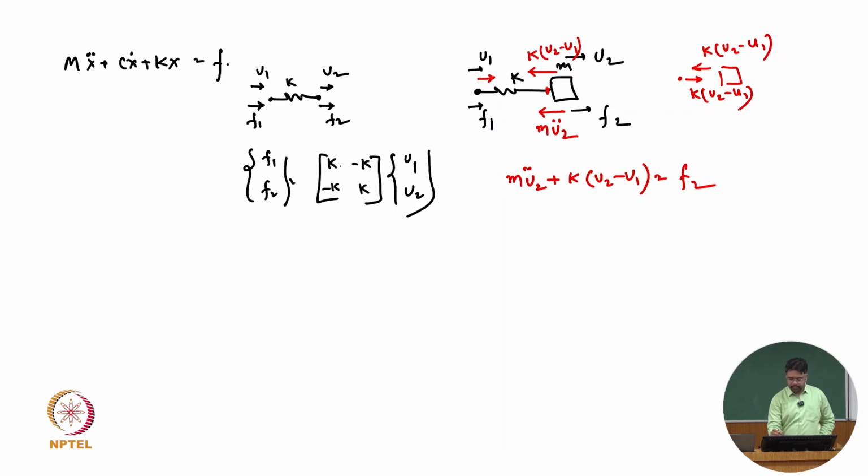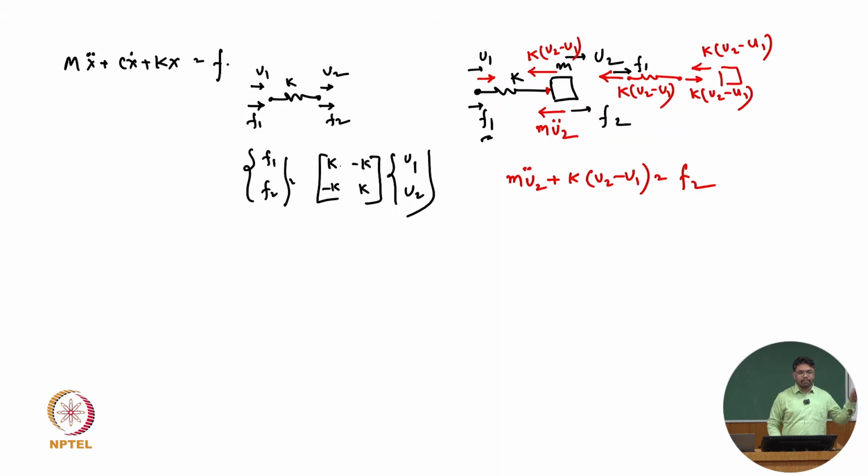Agreed? That's my spring. The spring will again be subjected to force here, because the spring needs to be balanced. The spring will have this much force in the other direction, and the force applied on the spring from that side is F1.